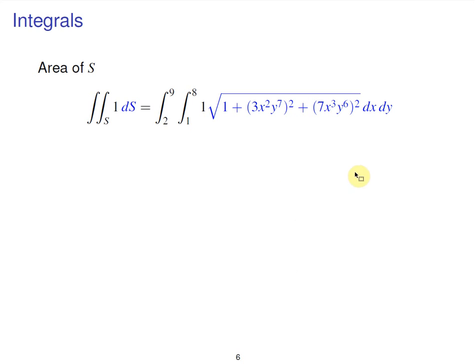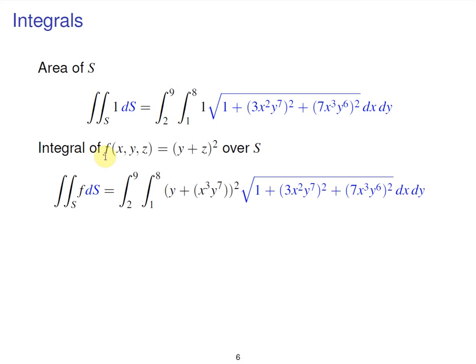So now the setup of the integrals, just like before, the area is going to be integrating 1 dS over S, and so over here you see bounds for D, the parameter domain. If you're instead going to integrate the function f, that's fine. There was this provided function.